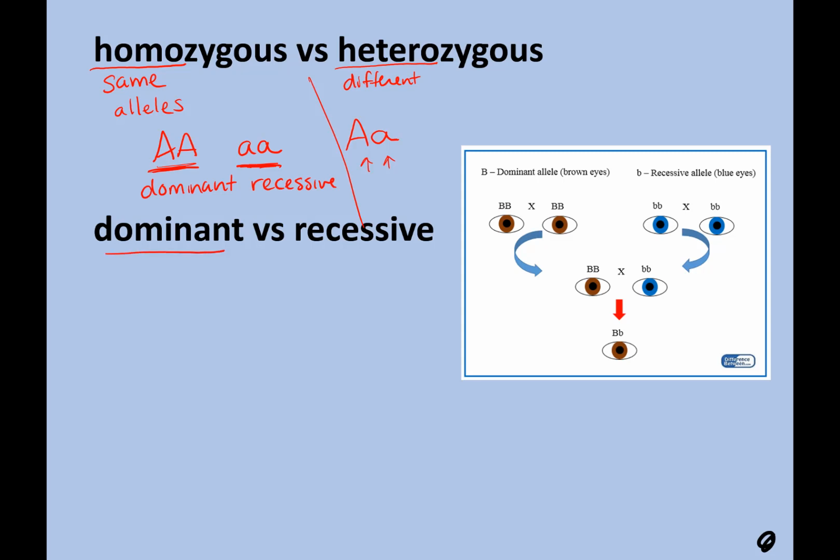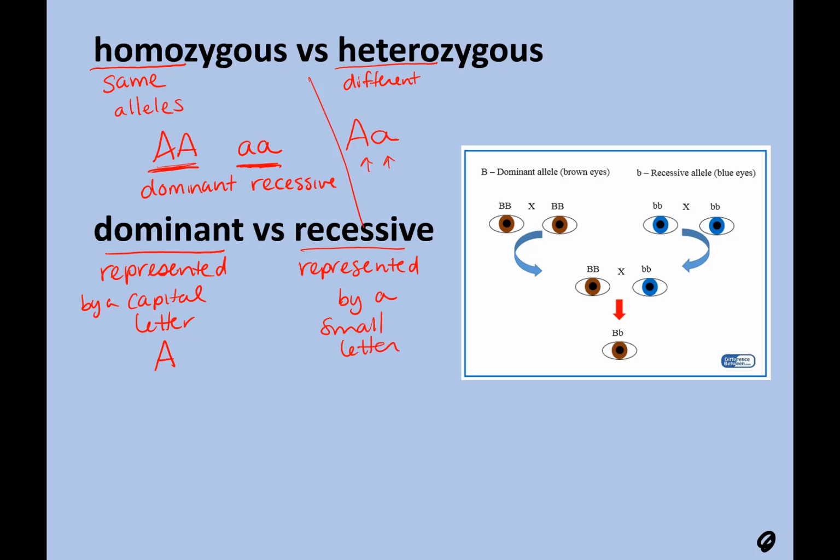Dominant is represented by a capital letter, such as big A. Recessive is represented by a small letter, like lowercase a.